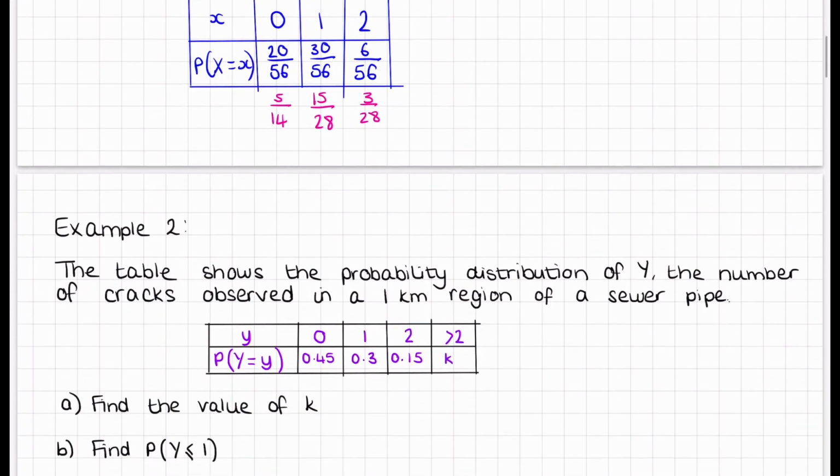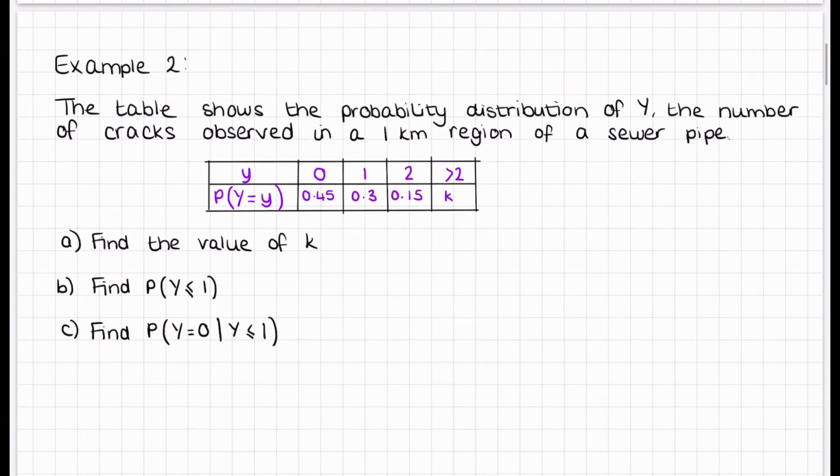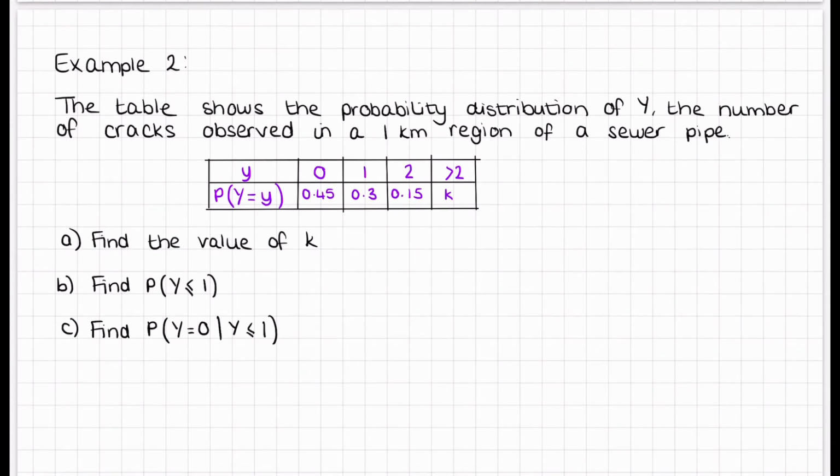Right, example 2. The table shows a probability distribution of Y, the number of cracks observed in a 1 kilometre region of sewer pipe. And part A, we want to find the value of K. Now the main thing to remember here is that all the probabilities in this row here have to equal 1.